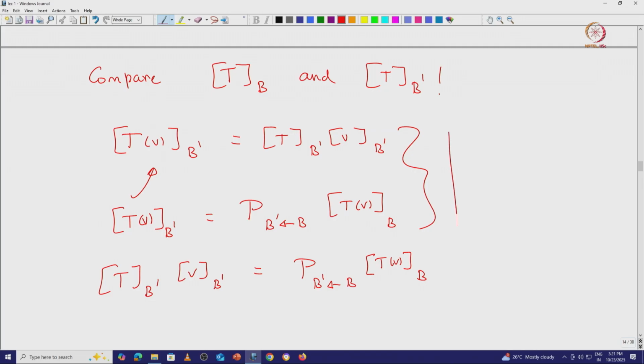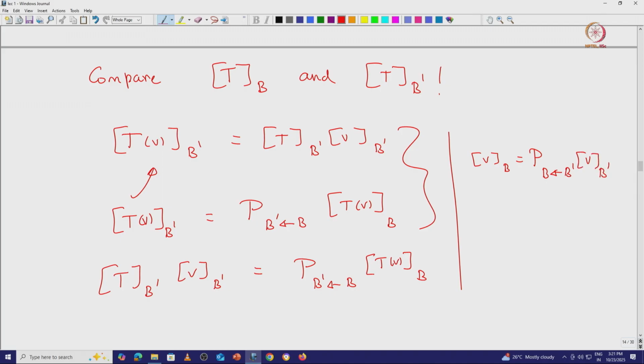So, now if you think about it, the coordinates of V with respect to B is given by the change of basis matrix from B dash to B and the coordinates of V with respect to B dash.